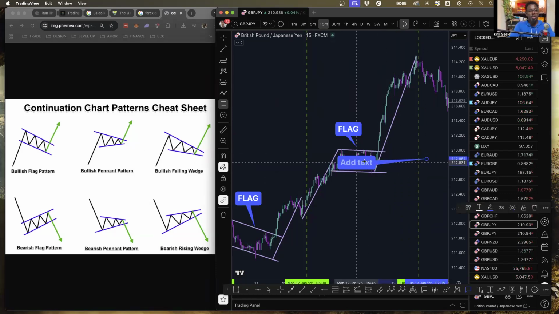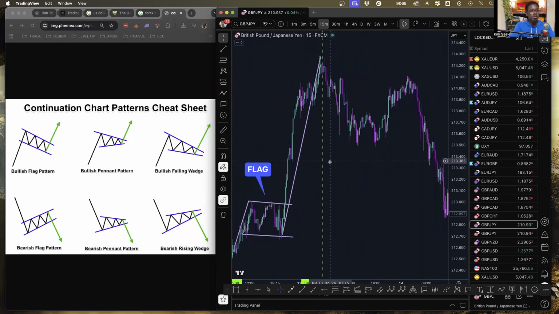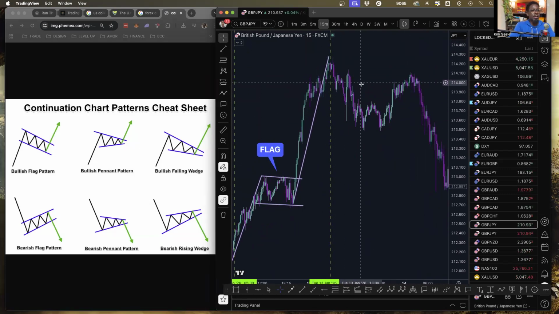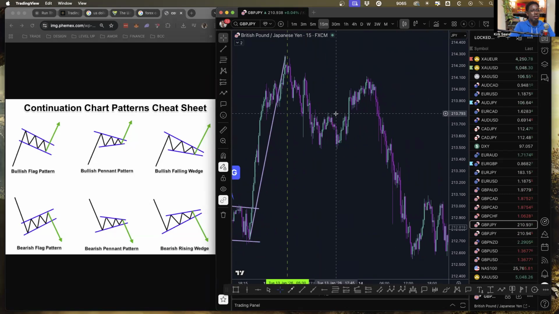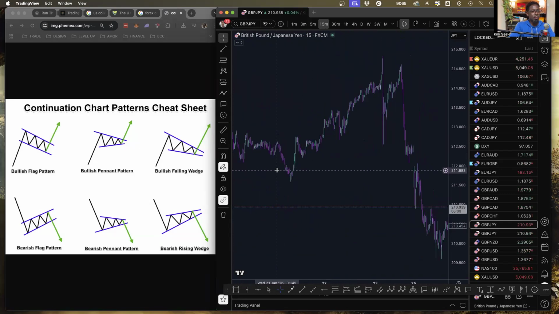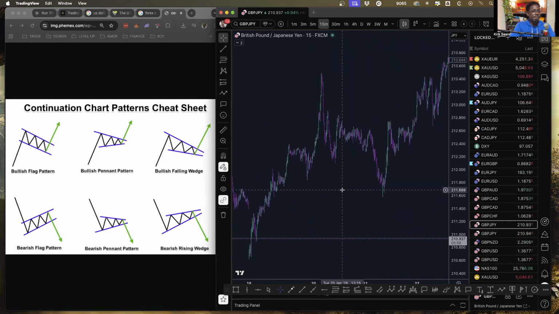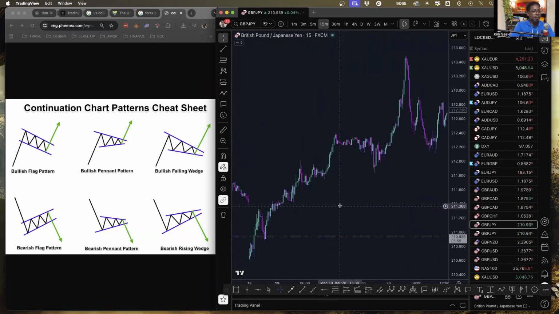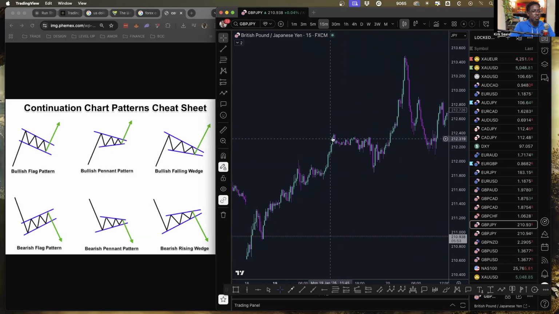I really want to find you guys one of these other ones, though. I want to find a pennant, but price has been doing some rather even stuff. Let's see. Okay, cool.